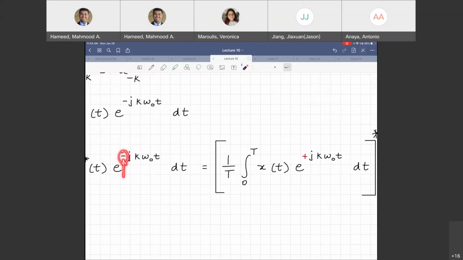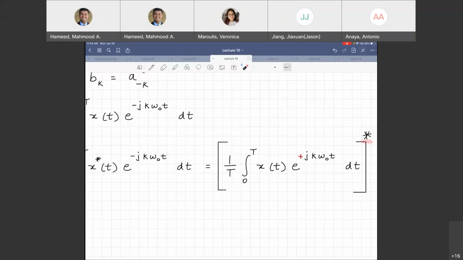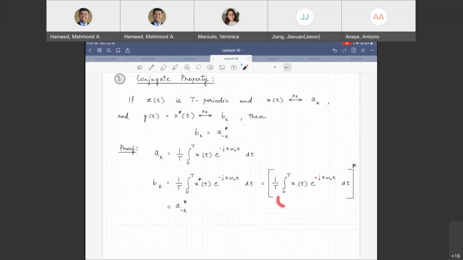We are making this a plus. We have removed the complex conjugate out over here. Everything else remains as is: 1 over T, integration 0 to T. Now, if you see this, what is that? These are Fourier series coefficients of a sub minus k, right? The only thing that changes is here. So all of this is a sub minus k, and then the complex conjugate carries over here. So you do a flip about the vertical axis, and also each Fourier series coefficient gets complex conjugated.